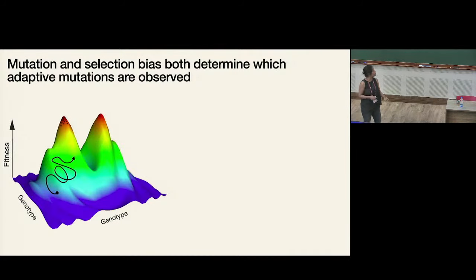So when we're saying a population is adapting, if we plot genotype space in some abstract way along these two axes, and fitness is on the third axis here, we can imagine there are these peaks and valleys which represent areas of high fitness and areas of low fitness given a particular genotype combination, right? So you can imagine this is one piece of DNA, this is another piece of DNA, and the combined genotype sequence at both these loci determine fitness, for example. Everybody with me so far?